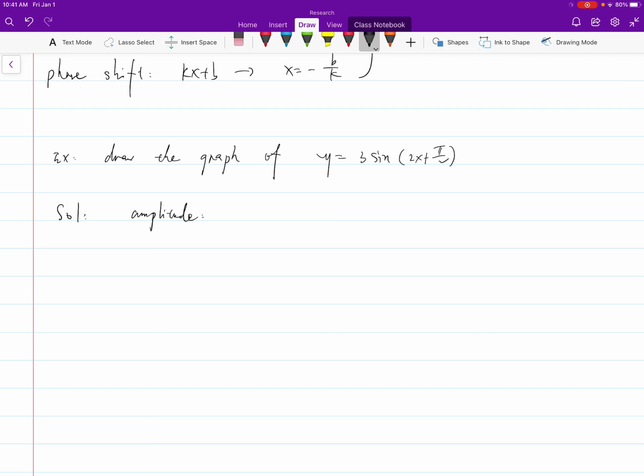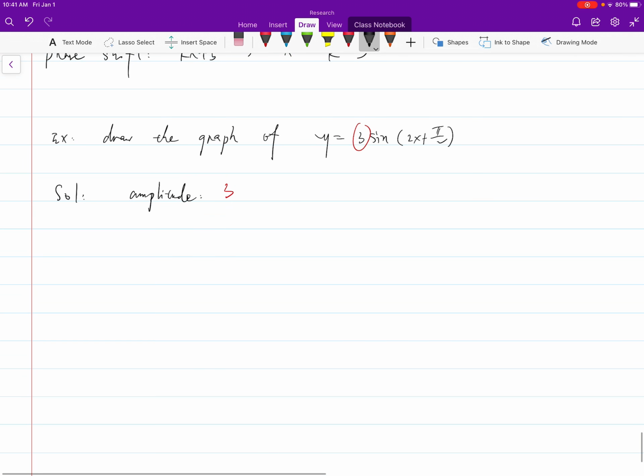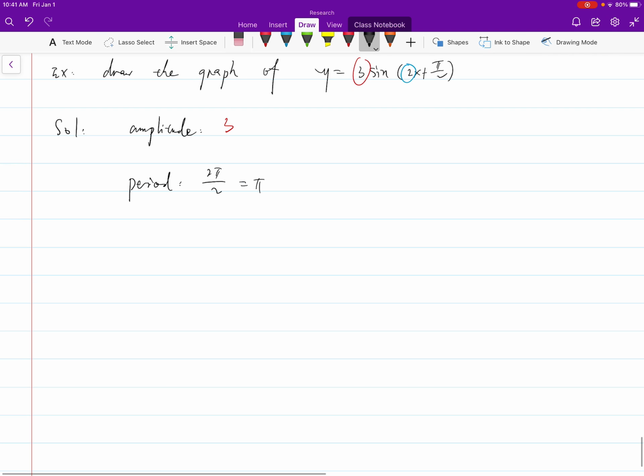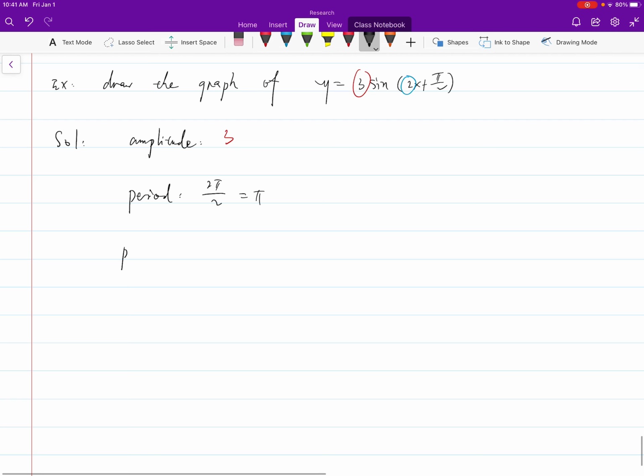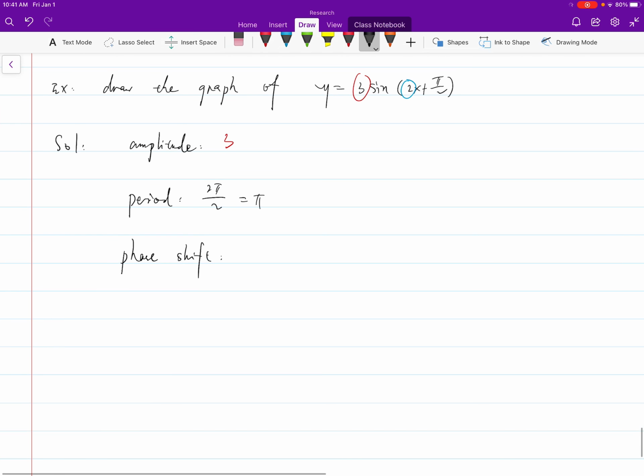But let's first write it down. Amplitude. Which number? 3. Period. 2 pi over 2, which is pi. Finally, phase shift. That is going to be negative b over k, or simply just set this to be 0.